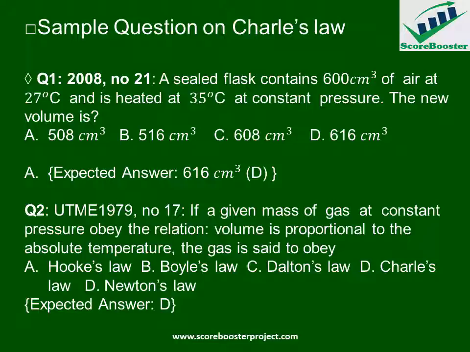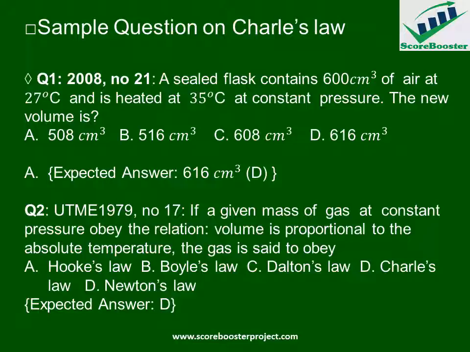Now on to your practice question. The first question here for your practice comes from 2008, number 21, and the question goes thus: a sealed flask contains 600 cm cube of air at 27 degrees Celsius and is heated to 35 degrees Celsius at constant pressure.